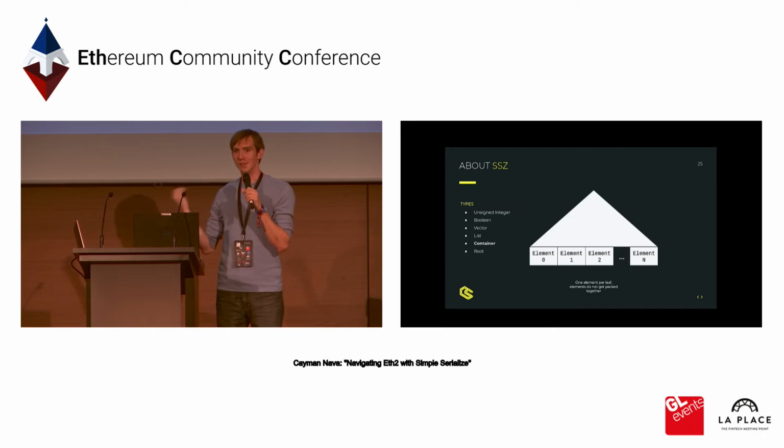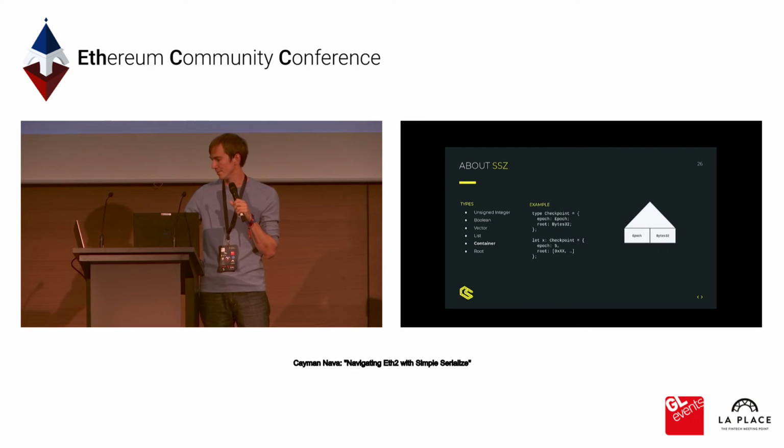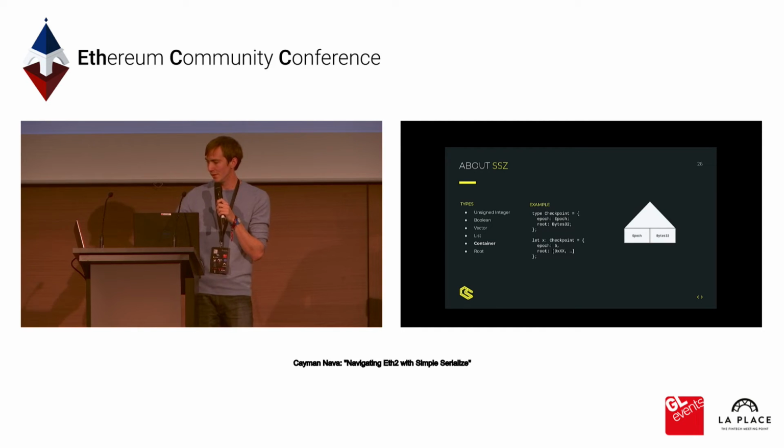So again, it's all very similar to vectors. Every element is a leaf in the tree. So here's an example of a checkpoint, which is a data type in Eth2. This is a pretty simple tree. There's two different elements, epoch and a root.